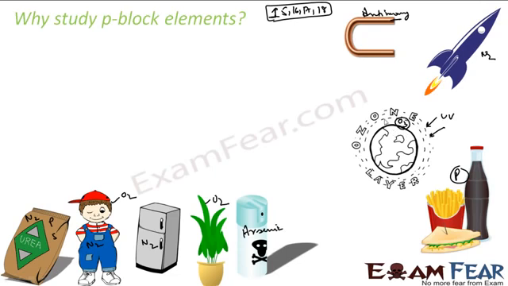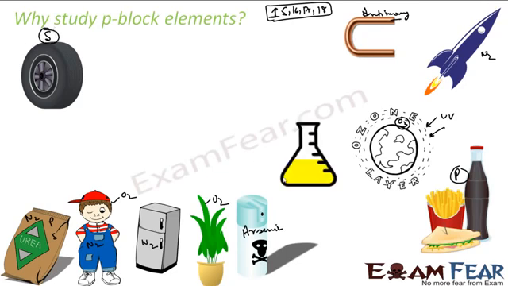You get ozone from oxygen, and oxygen is a P block element. The vulcanized rubber you get, for this hardening of rubber you use sulfur, and sulfur is again a P block element. Sulfuric acid, the most common acid in the lab, has sulfur, a P block element. It has oxygen, that's also a P block element.